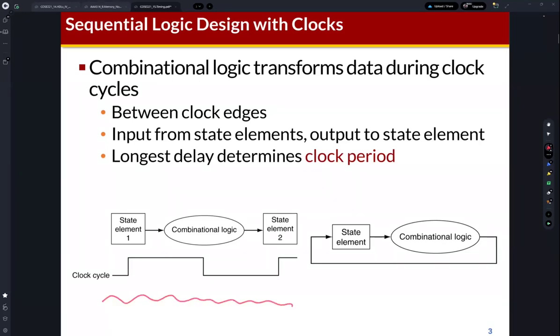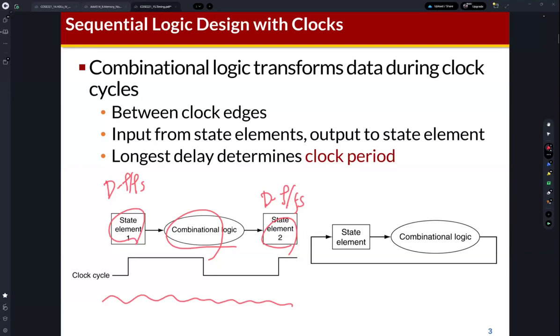As I mentioned, there are many state elements, and these state elements are D flip-flops. This is also a D flip-flop, and between two D flip-flops there is combinational logic. We already know that the output of combinational logic is determined by its input signals, right?